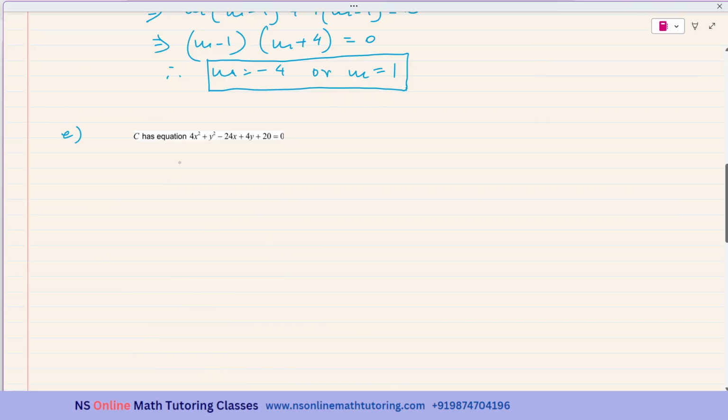Now we will be substituting negative 4x in place of y, plus negative 4x whole square minus 24x plus 4y, 4 times negative 4x plus 20 equal to 0. So this is minus 4x whole square is 16x square plus 4x square is 20x square.